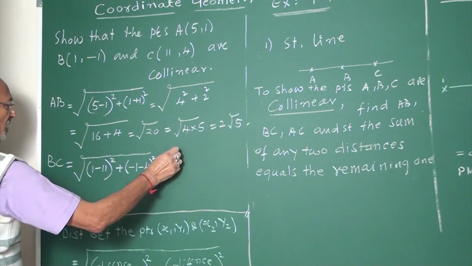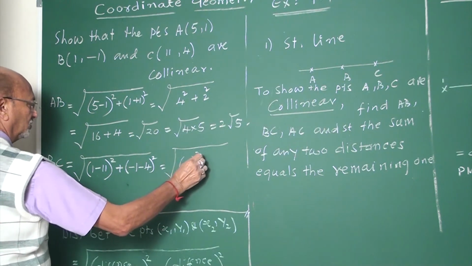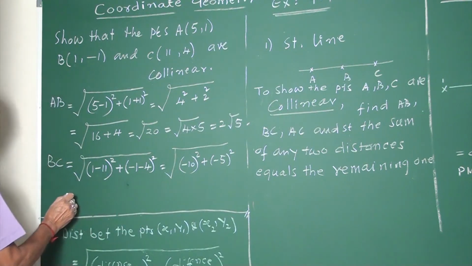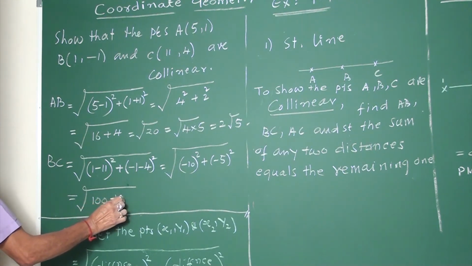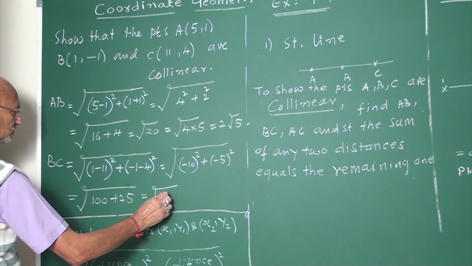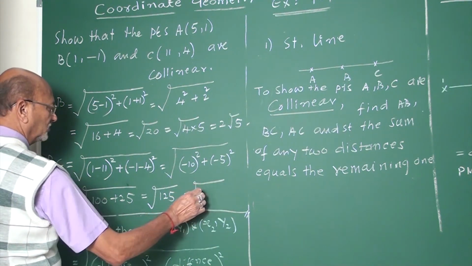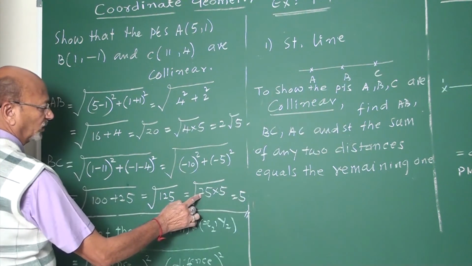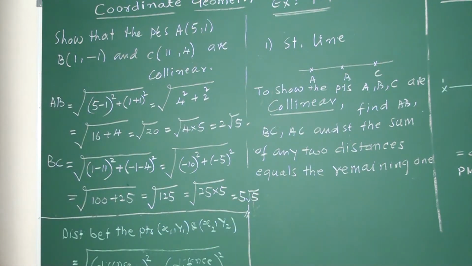It is square root of (-10) whole square plus (-5) whole square, which is square root of 100 plus 25, which is 125. 125 can be written as 25 into 5, which is 5 root 5.